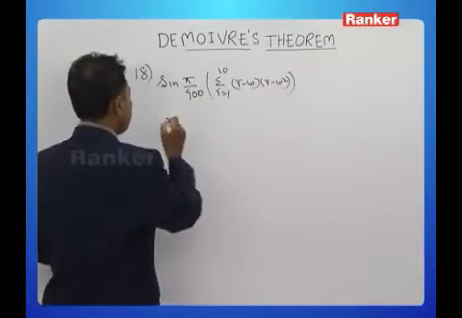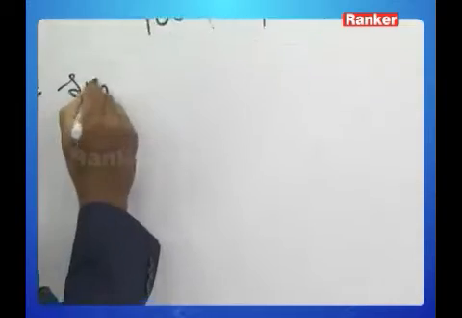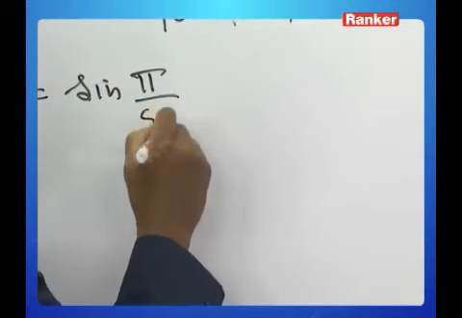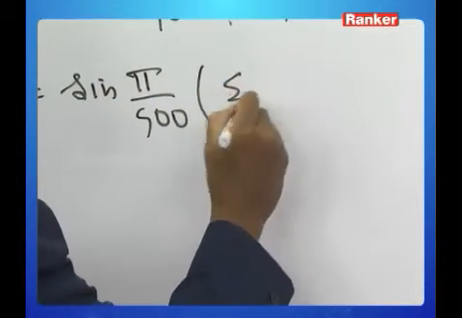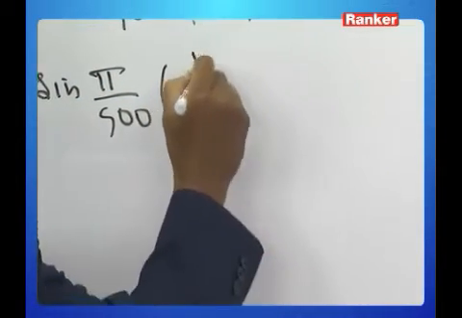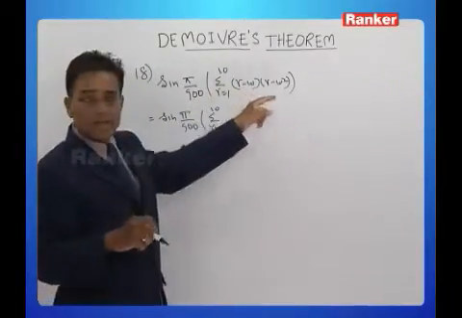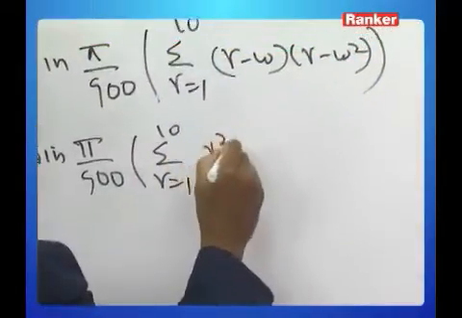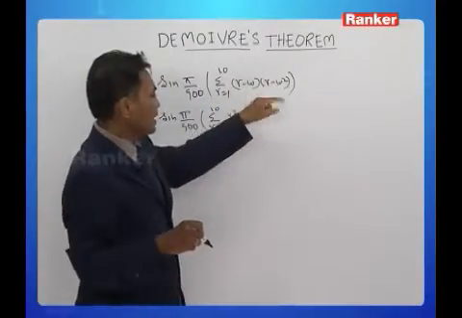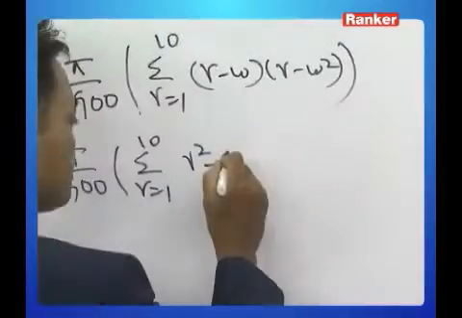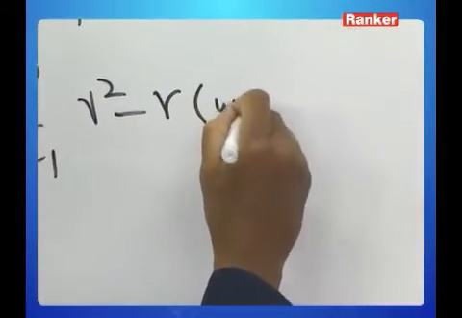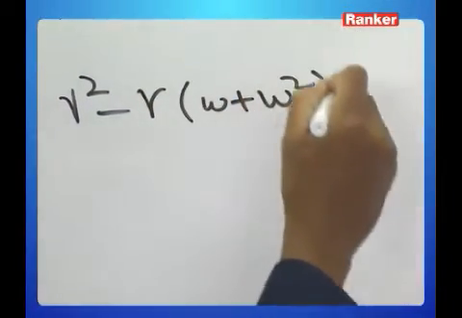Now, let us simplify. Sin pi by 900 into sigma r from 1 to 10, r square, minus r omega, minus r omega square, and omega cube.